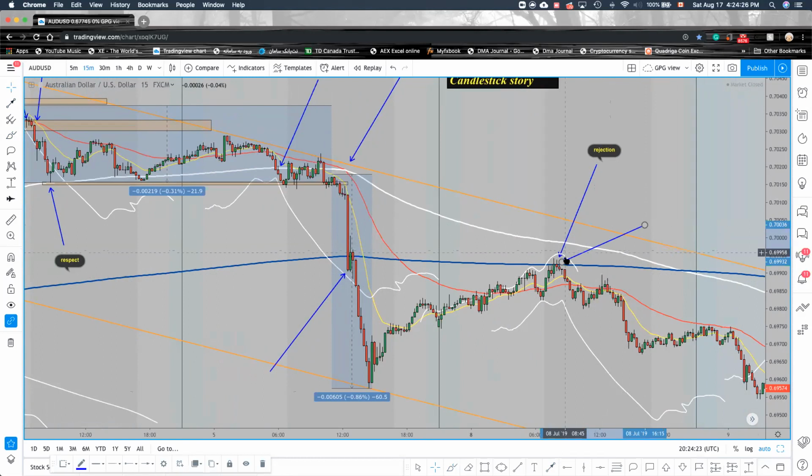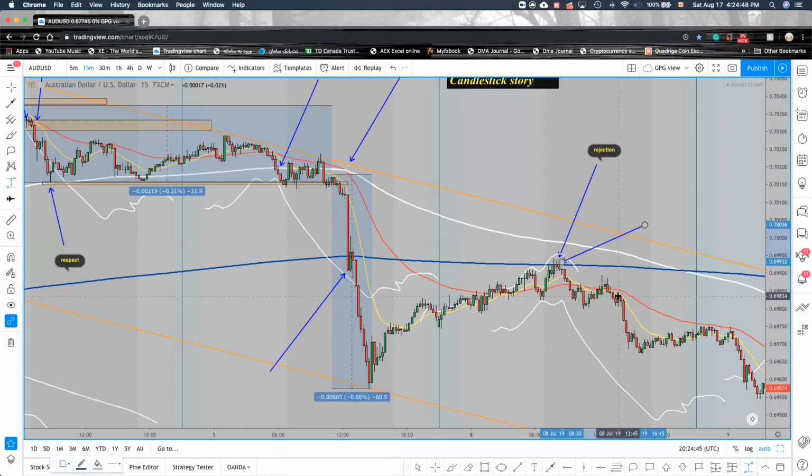All right, cool. The 14 is broken, the 50 is broken, retested. That's a sell confirmation for you. Again, they failed to break it. Now you got a cross. Now you got candles below 14 and 50. So another sell confirmation for you.